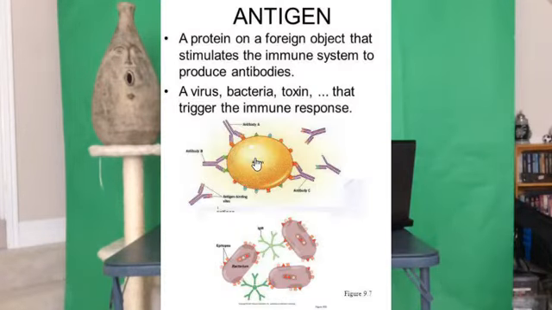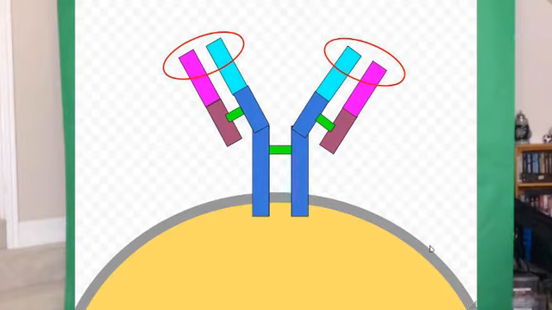B cells are lymphocytes that develop in the bone marrow. Each B cell binds to a specific antigen. Antigen is simply the name for a substance that binds to lymphocytes, T or B cells, and causes an immune response. The B cell receptor is Y-shaped and has two antigen binding sites that each consist of a light chain in pink and a heavy chain in blue.